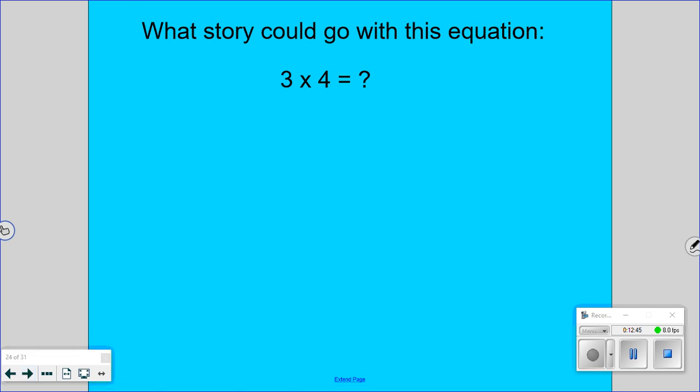There are 3 buckets of 4 bananas equals total number of bananas. That'll work. Maverick? Maverick went to the store and bought 3 bags with 4 bananas in each bag. Maverick wants to know how many bananas he bought in all. Perfect. Let's try another one.